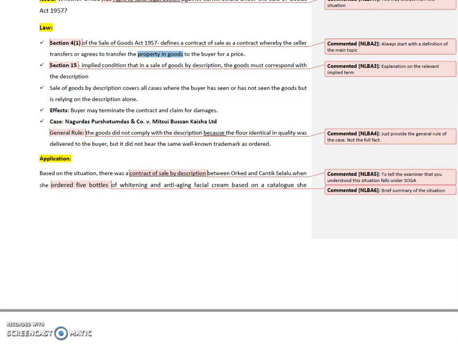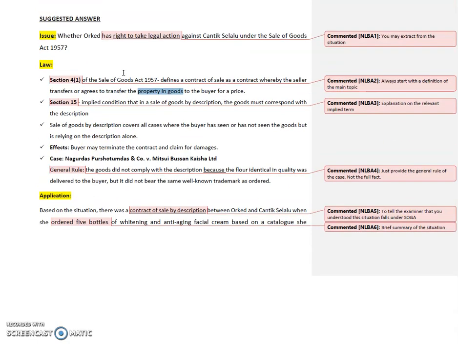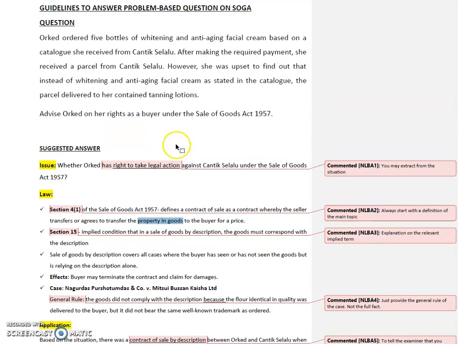Choose the best implied term. In this situation, it concerns section 15: implied condition that in a sale of goods by description, the goods must correspond with the description. Why is this section relevant?